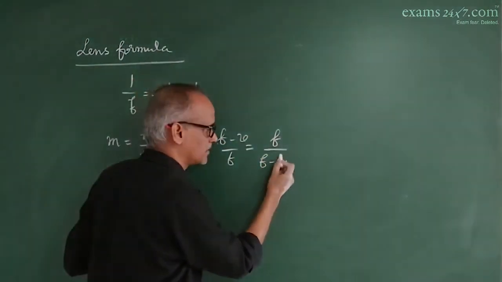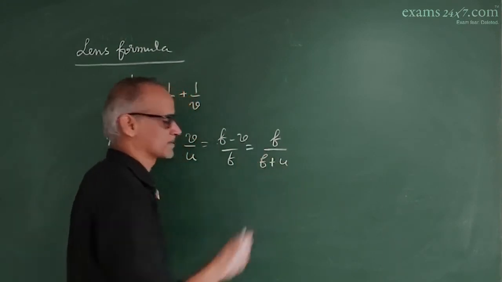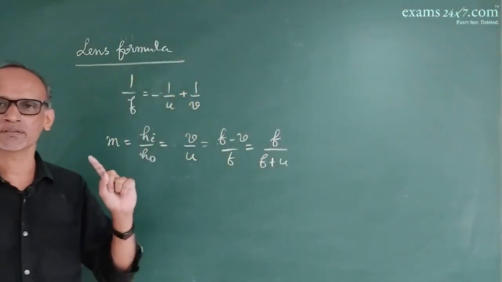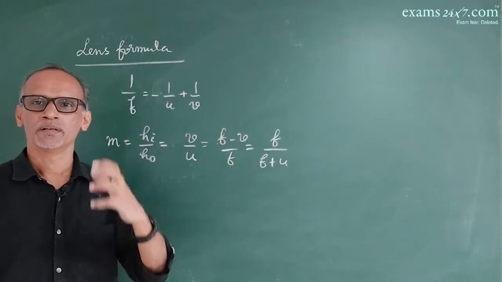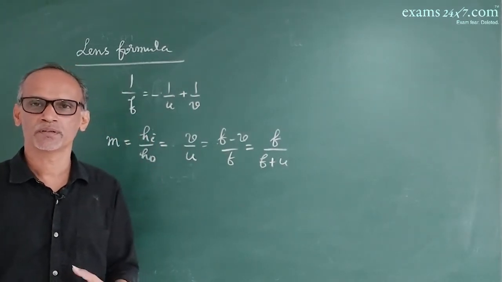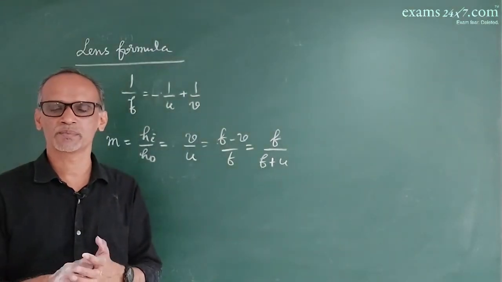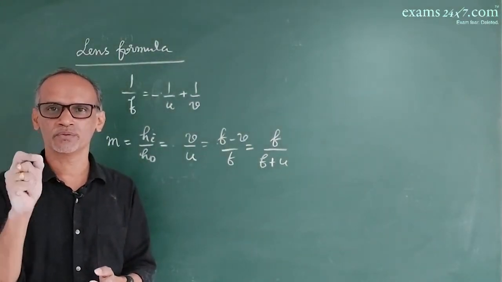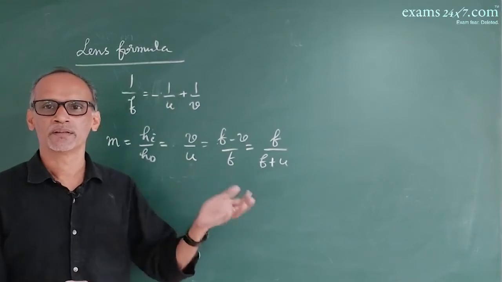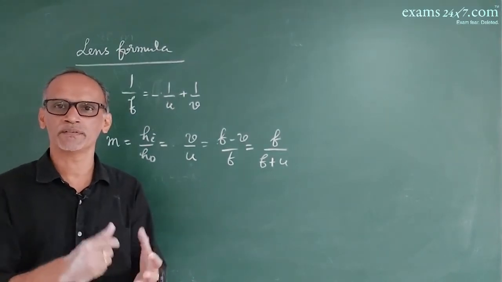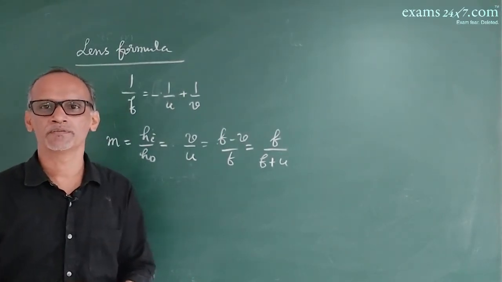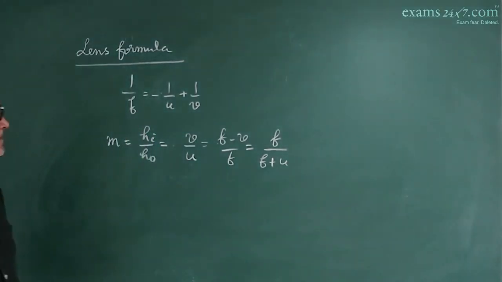F by f, there is a u, again apply minus sign, so it becomes a plus. So by changing the mirror formula or equation for magnification, we can get the formula related to the lens. So what are the changes to be made? Wherever there is a u, replace it as a minus u. Then the same equations which we have used for mirror are now applicable for the lenses.